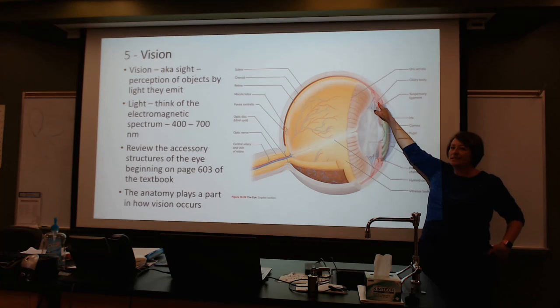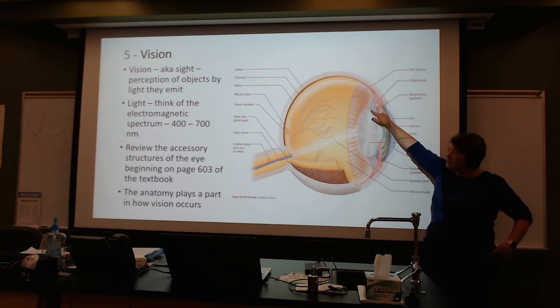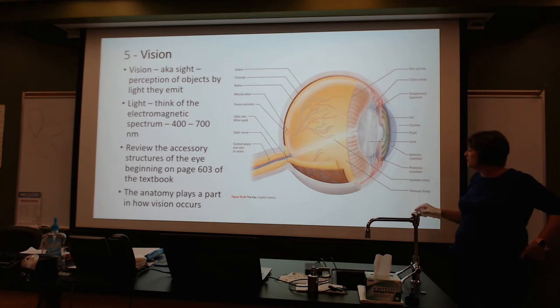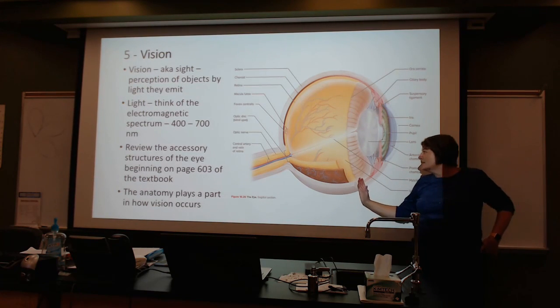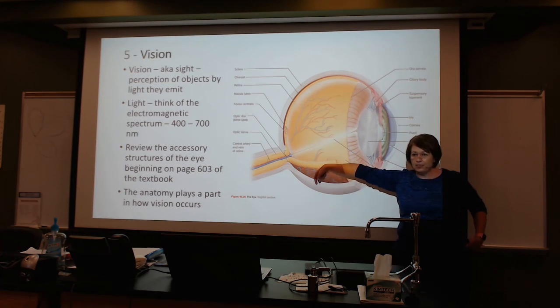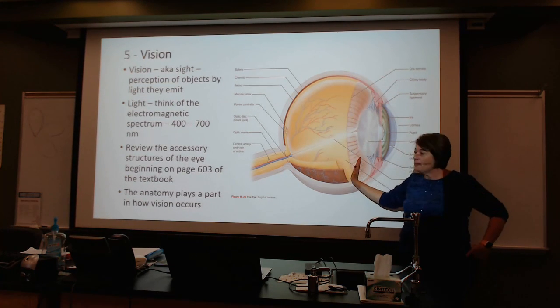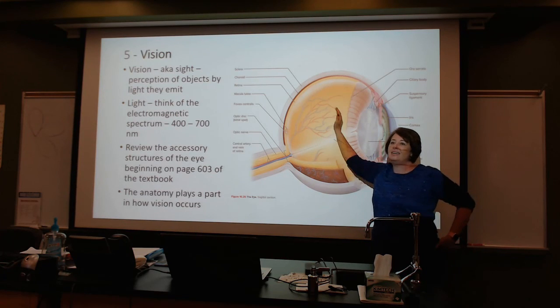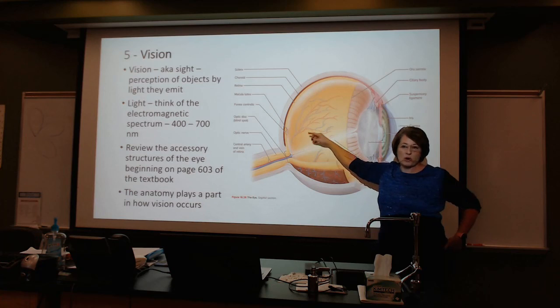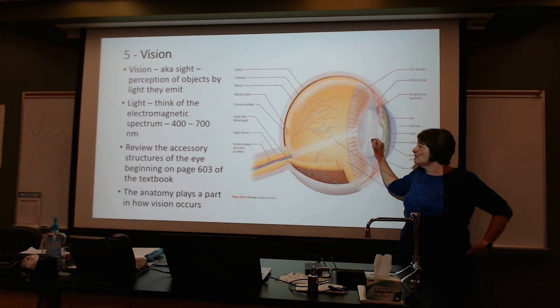We've got the ciliary body that's going to have those ligaments attached. We're going to end up with a chamber behind the lens, my posterior chamber, that's going to have my vitreous humor. Aqueous is in the front.